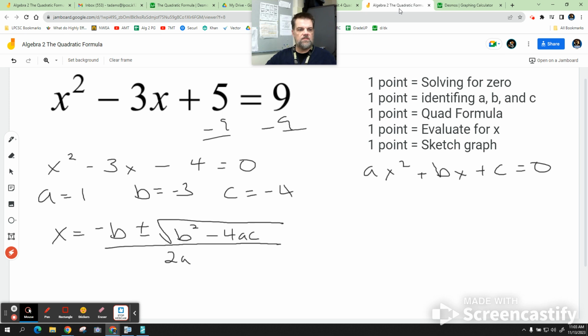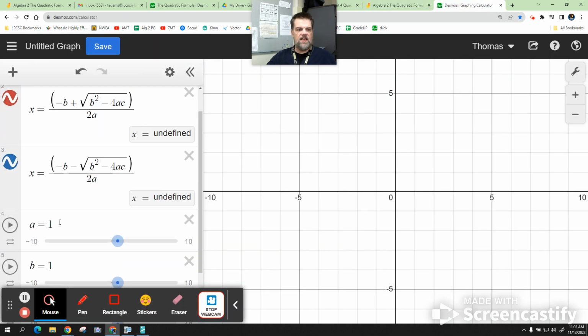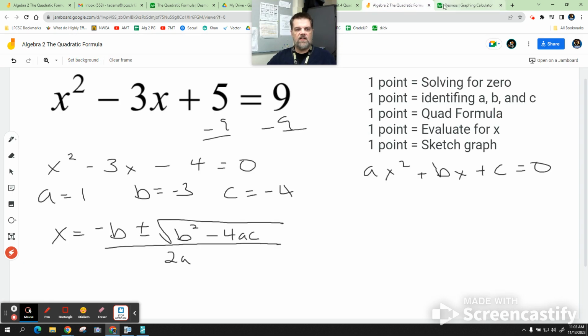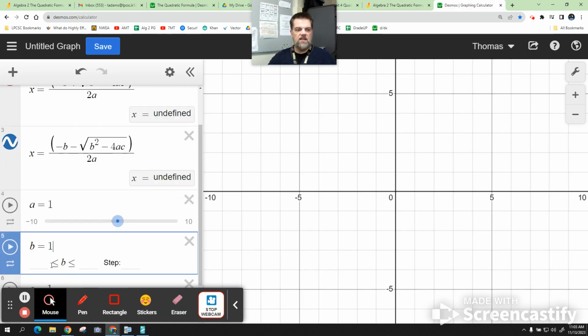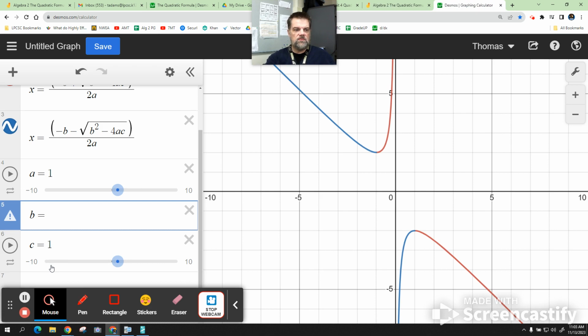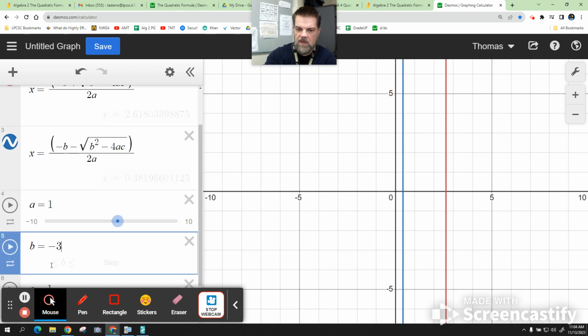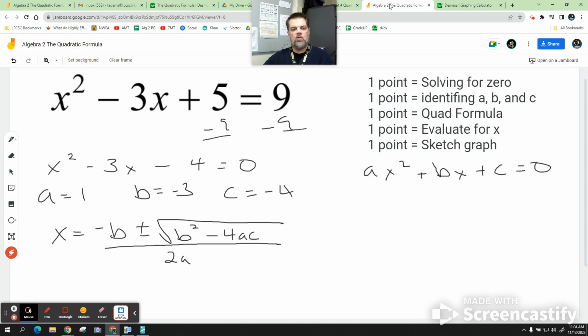What's our A term? Our A is 1. Let's plug that in the calculator. Go down to A. It's already set at 1. What's our B term? -3. Go down to B, and you could literally enter it in, -3. Okay? Now notice as I start to put the numbers in the formula, it's actually calculating the values for X for me. Then I'm going to type in C, which is -4.